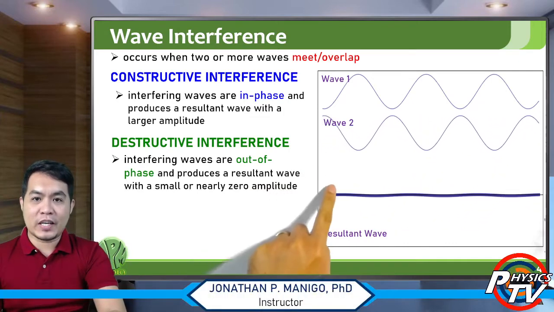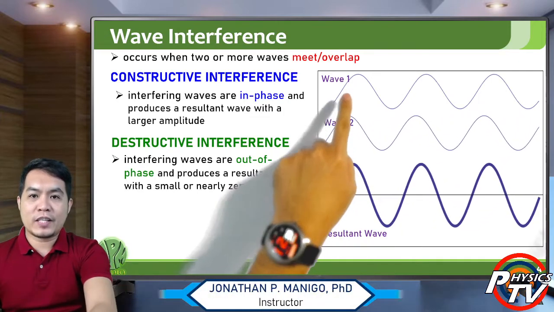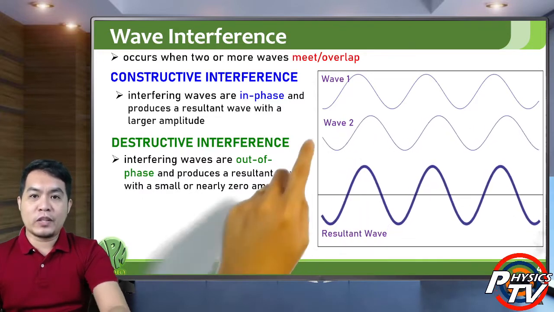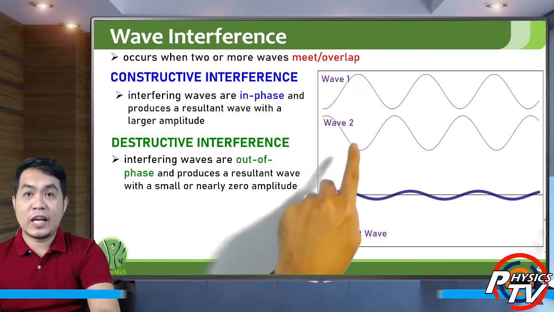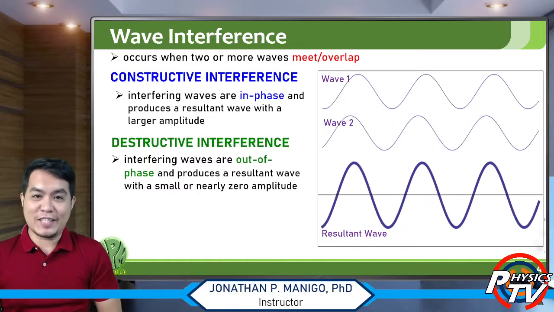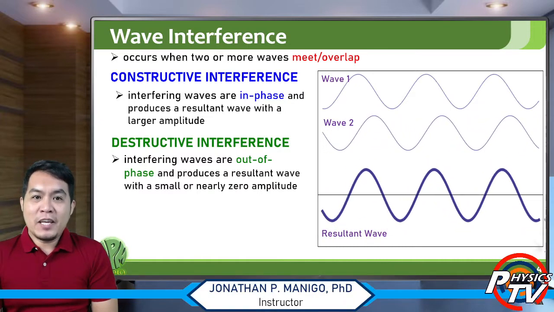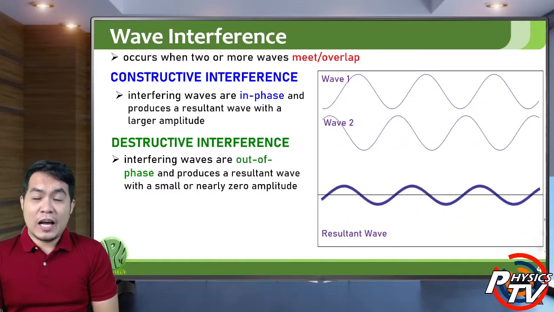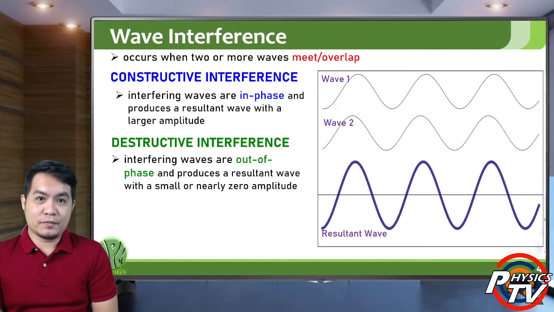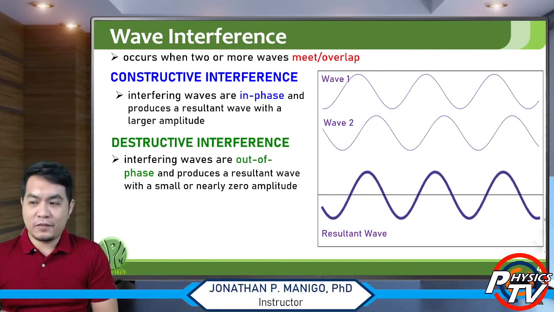But when they are both crests, when they are in phase or in sync, they produce a larger wave. So that's constructive and destructive interference.